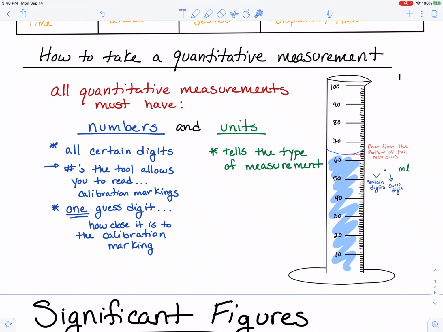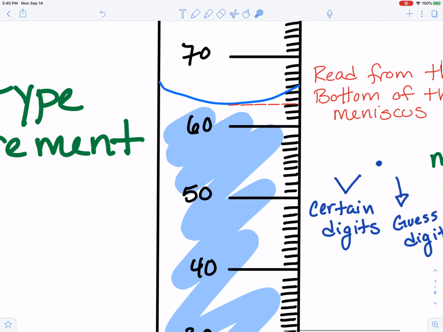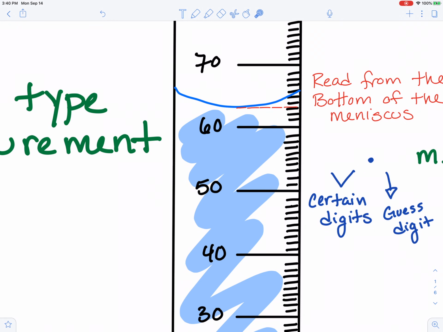So let's take a measurement using this graduated cylinder that I have drawn. On a graduated cylinder, we always read at the bottom of this dome shape that the water makes, and that is called our meniscus. So we always read to the bottom of our meniscus.